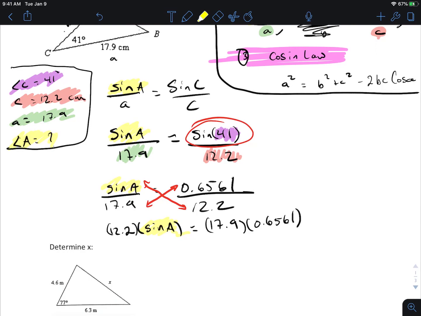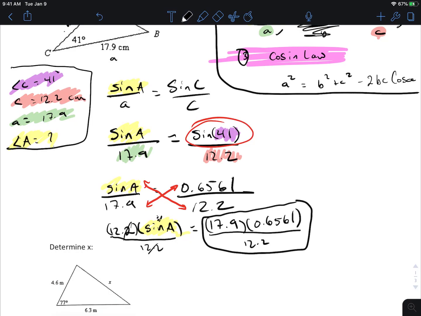So the last step here is, if I want this by itself, then I can move this to the other side if I divide both sides by 12.2. All right, the 12.2's will now cancel.